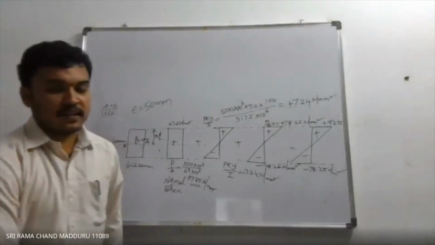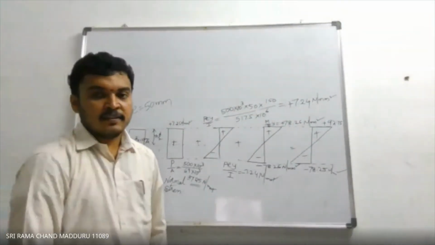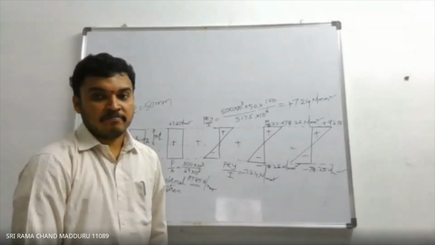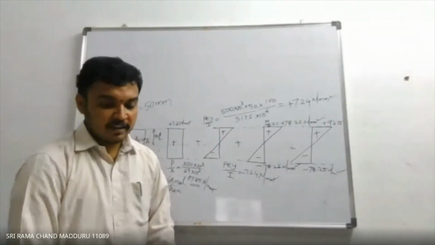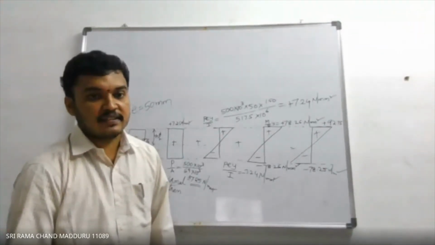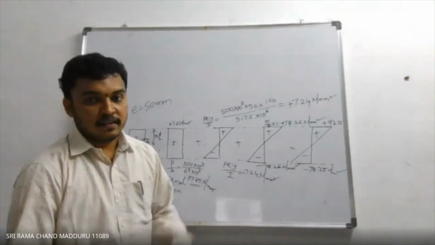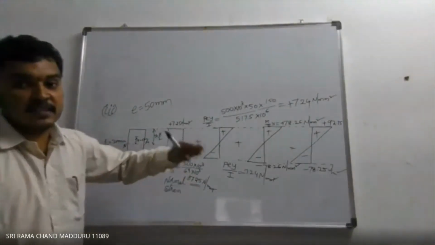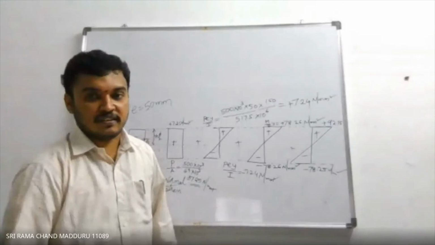So these are the resultant stresses at support at midspan. At midspan. So if you want, you can also complete the resultant stresses at top fiber, at bottom fiber, considering the support section.